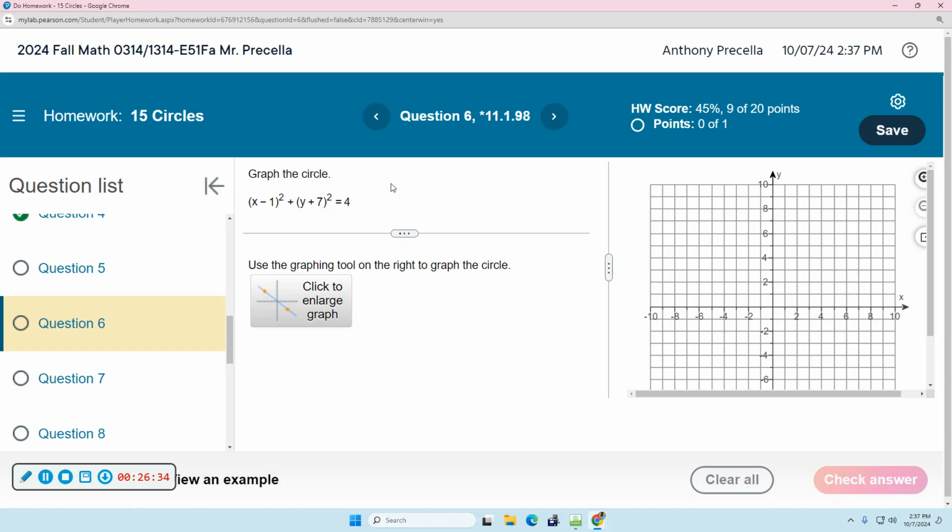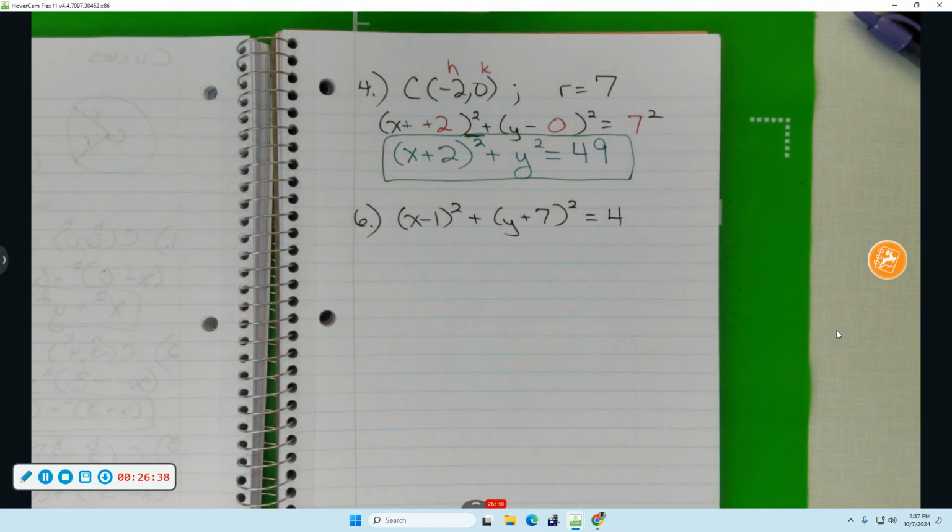So here, that's what I've been warning you about. They have not given us the center and the radius. They gave us center radius form.